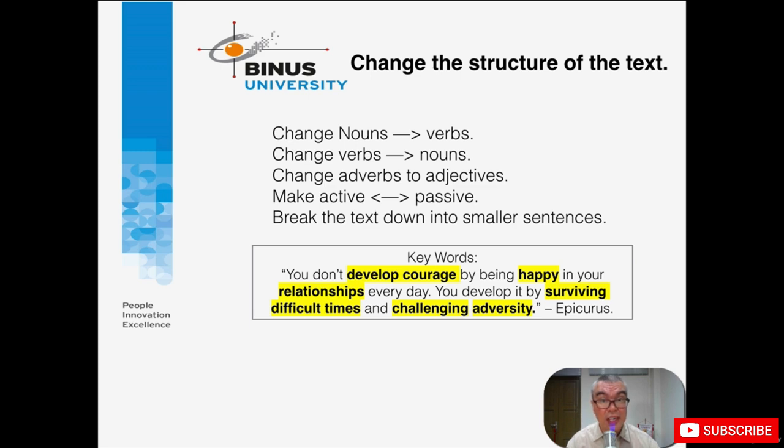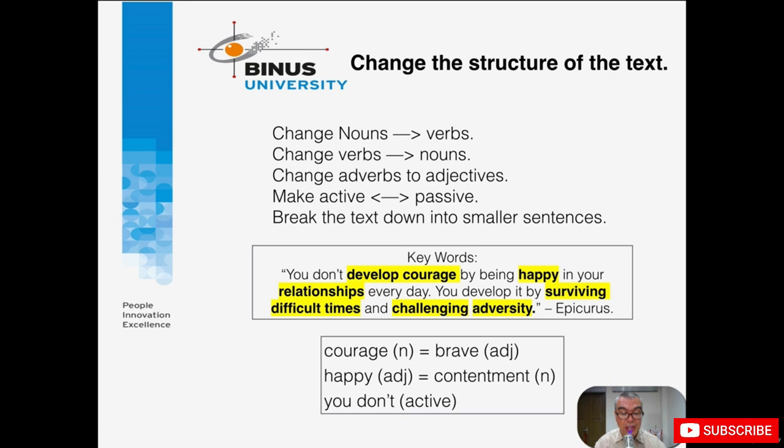Now let's consider the possible change in structure. Courage is a noun, and we're changing it to brave, which is an adjective. Happy is an adjective, and we're suggesting something like contentment, which is a noun. And you don't, of course, is in the active voice.